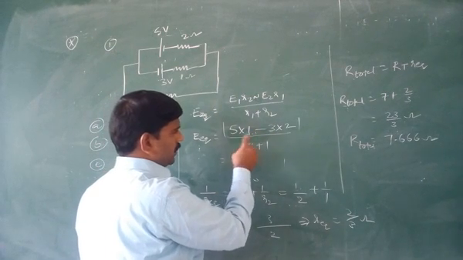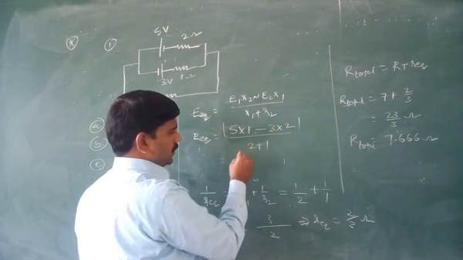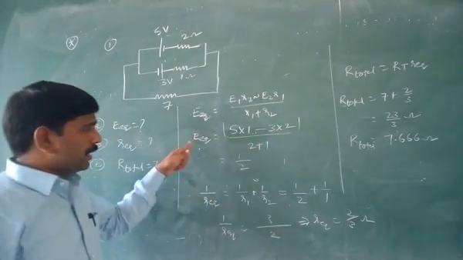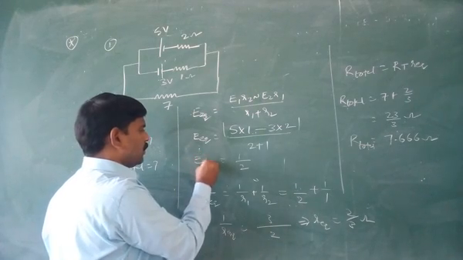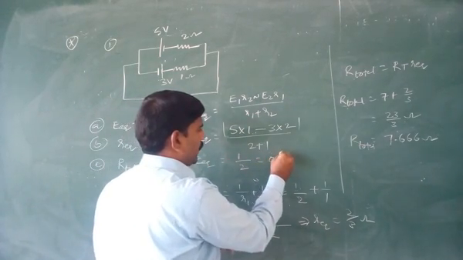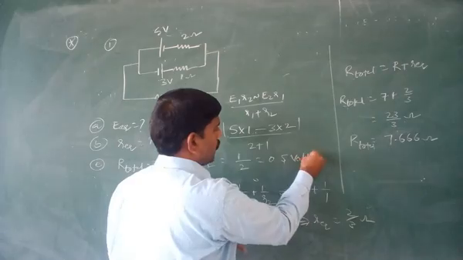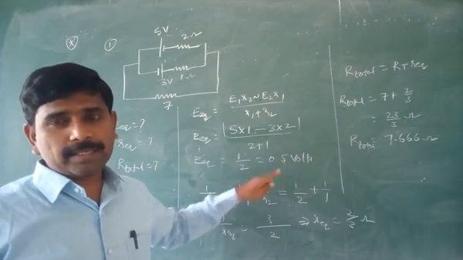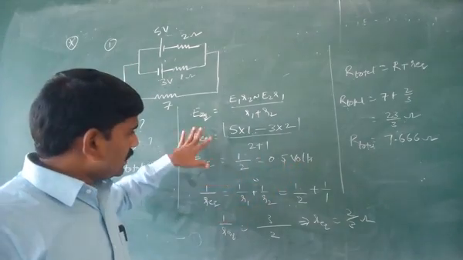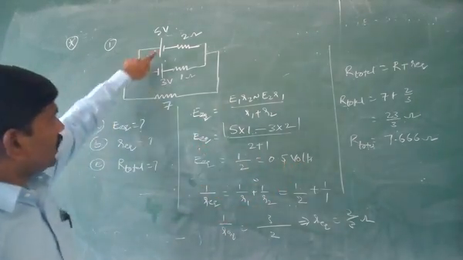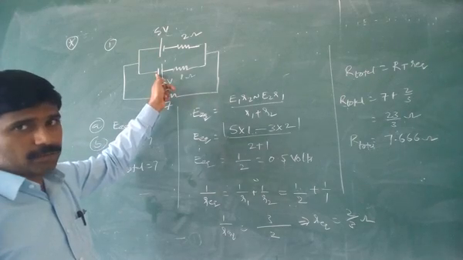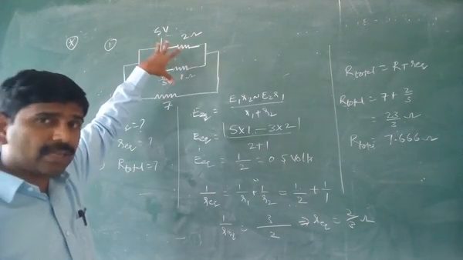So this is 5 minus 6, which is 1 by 2, actually the modulus of 1 by 2. Equivalent EMF is 0.5 volts. The previous one was nearly 3 point something volts. So this is the equivalent EMF in the case of the opposing manner. Opposing means positive is connected to negative. Here it is a parallel combination.